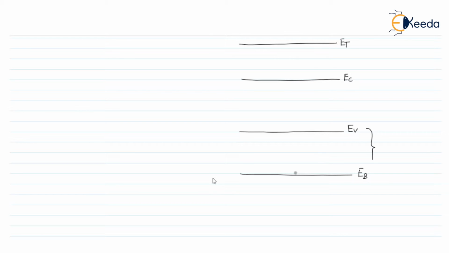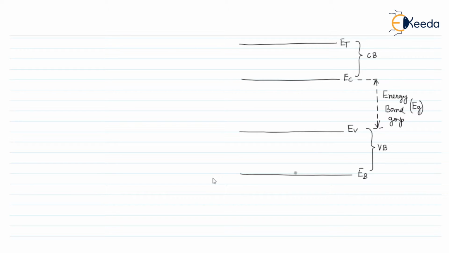This is the valence band and this is the conduction band that we have studied earlier. This gap is called the forbidden energy gap or energy band gap. The energy band gap of the semiconductor we denote as Eg.